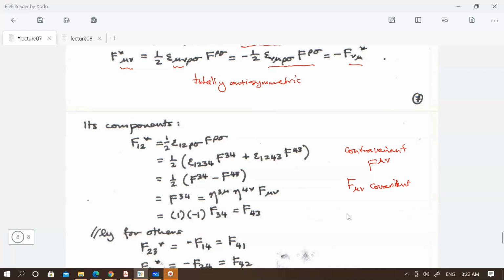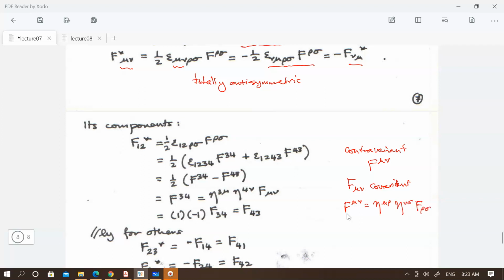How you actually do this is essentially you raise your indices using your Minkowski metric. So in other words, F mu nu in general is eta mu rho eta nu sigma F rho sigma.